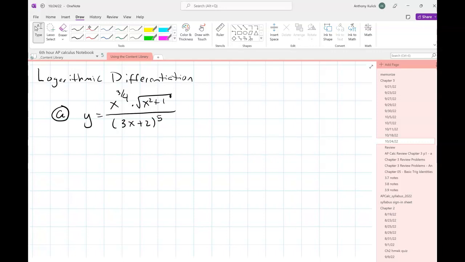I have an x to the fifth and I have an x to the 1/2. Those are the situations that make excellent candidates to use logarithmic differentiation on. Or something that has no other chain rules, that's just products and quotients, right? That's pretty good too. So the first step is to take the natural log of both sides.